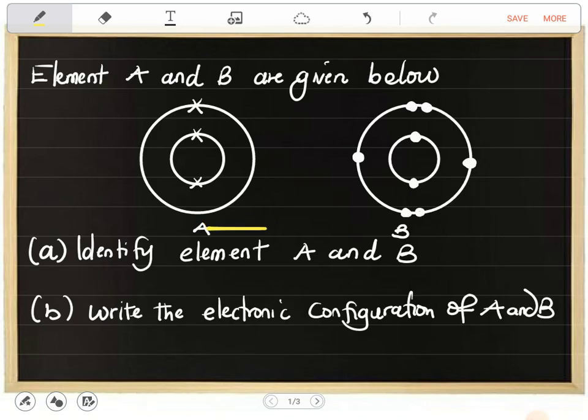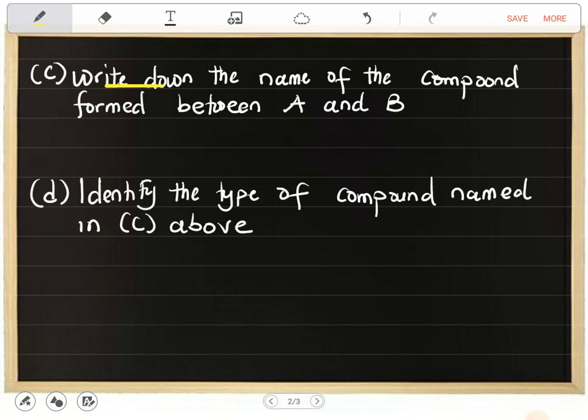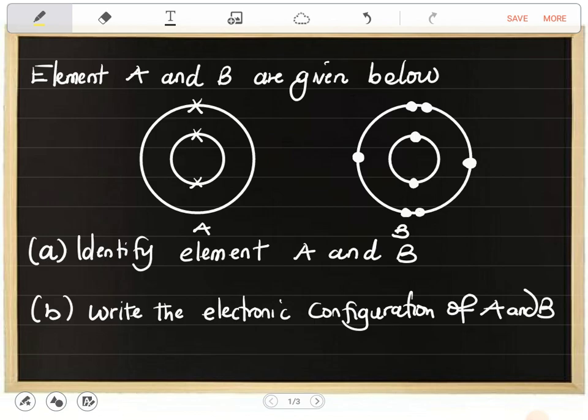So this one here is our A and this one here is our element B. Identify element A and B. Write the electronic configuration of A and B. Also write down the name of the compound formed between A and B. Identify the type of compound named in C above. So join me as we break down this.